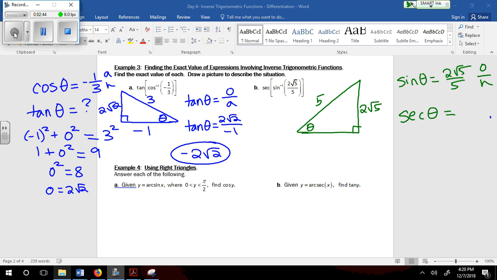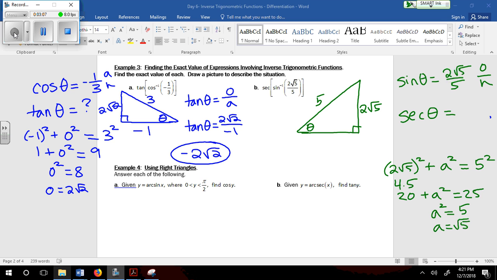And so we're going to do Pythagorean theorem again. 2 root 5 squared plus adjacent squared equals the hypotenuse squared. So this would be 4 times 5, which is 20, plus a squared equals 25. So a squared is 5, therefore a is root 5.